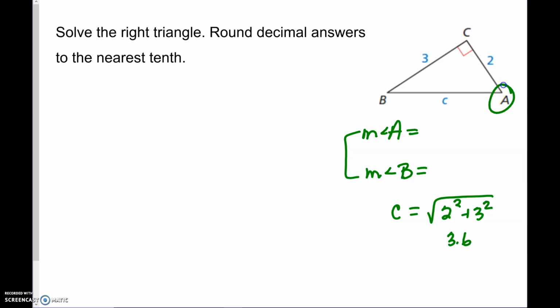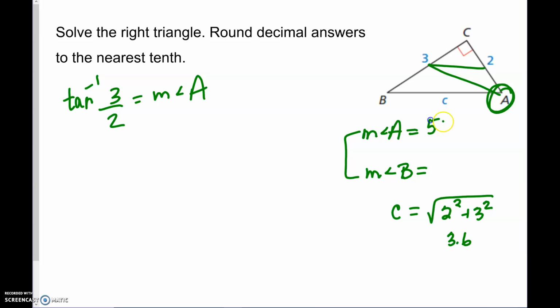All right, so if I'm going to focus on A, what do I know? I know the side opposite and adjacent. So this is going to be the inverse tangent of 3/2, which is going to give me the measure of angle A. So inverse tangent, 3 divided by 2, and I'm getting 56.3 degrees.